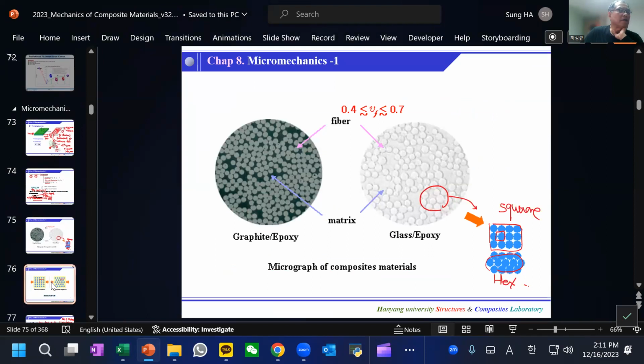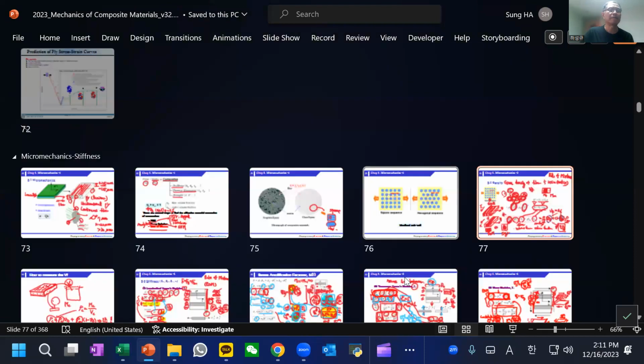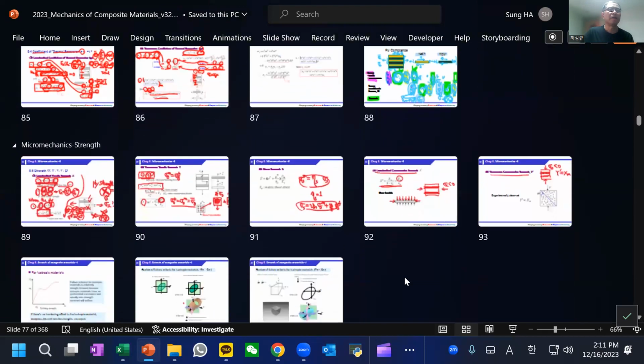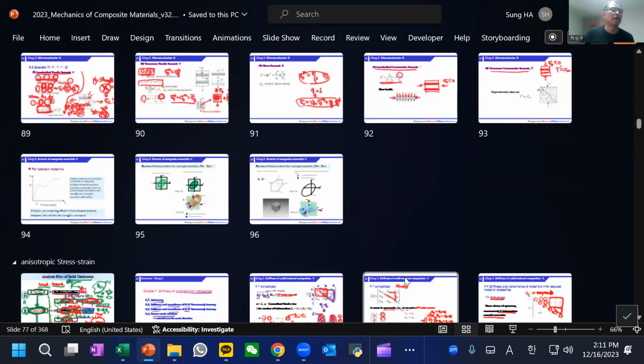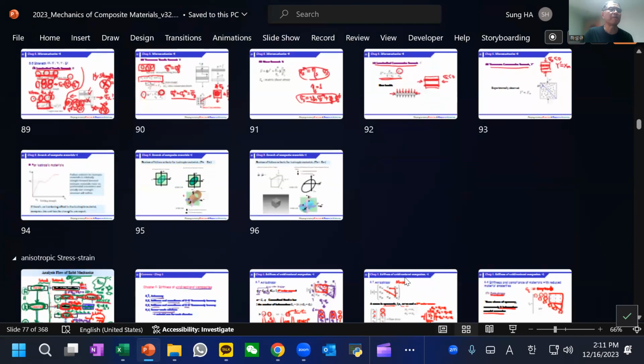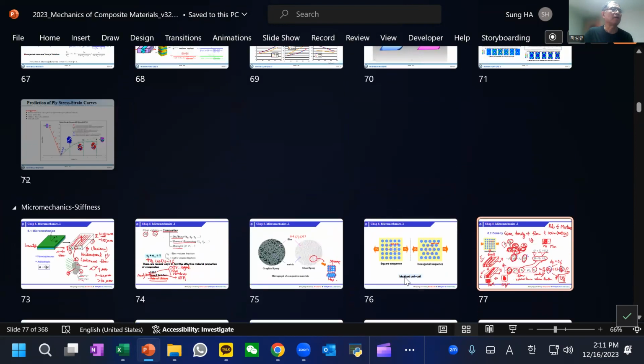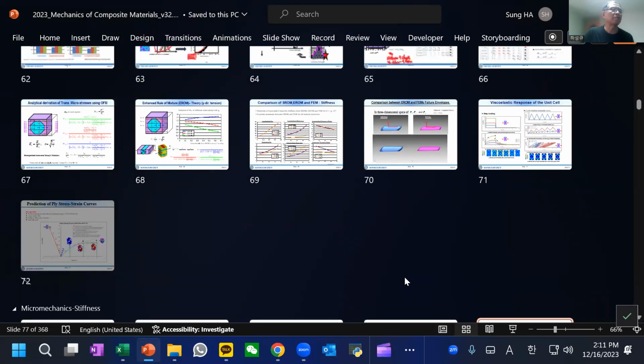Well, this is the same subject. Okay, that's the brief cover of the micromechanics. Now I feel that we mostly cover what we like to cover in this course. Composite is pretty much wide.